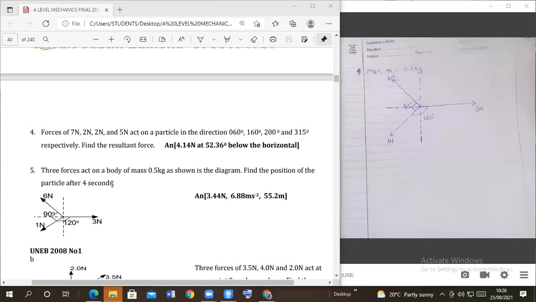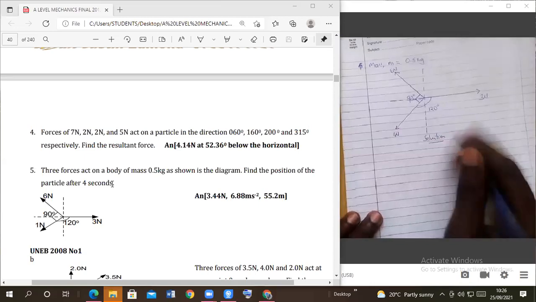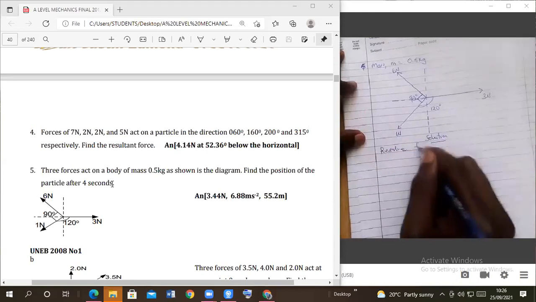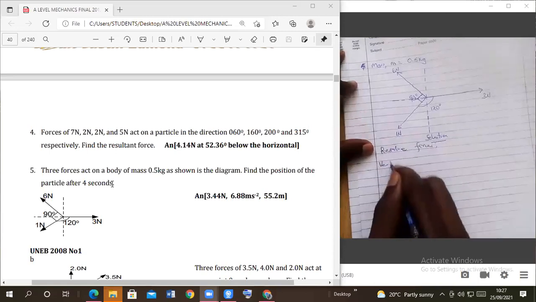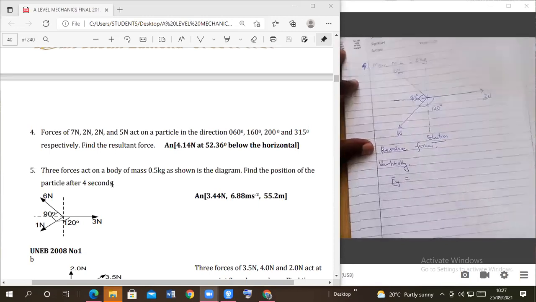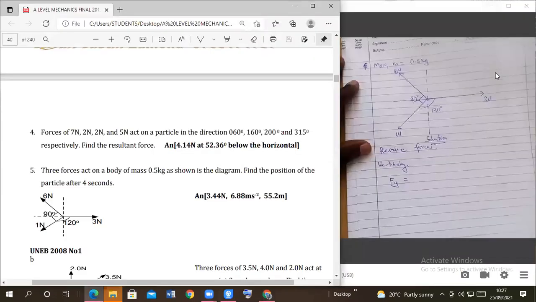So solution. Resolve forces vertically. Our Fy, what will be our Fy?